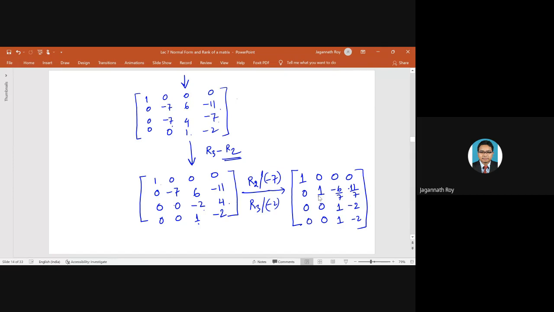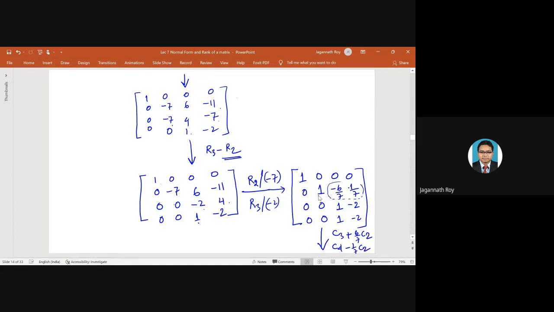Then we want these elements to be 0. So we will write C3 minus 6 by 7 times C2, and then C4 minus 1 by 7 C2. Then these two elements will be 0.